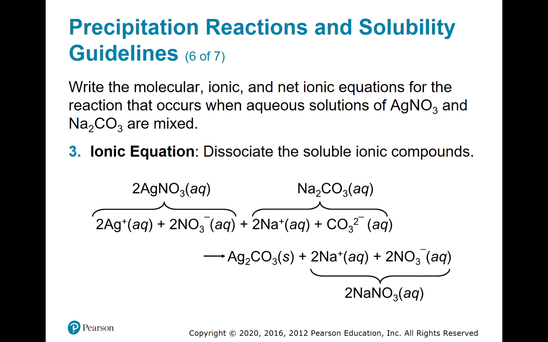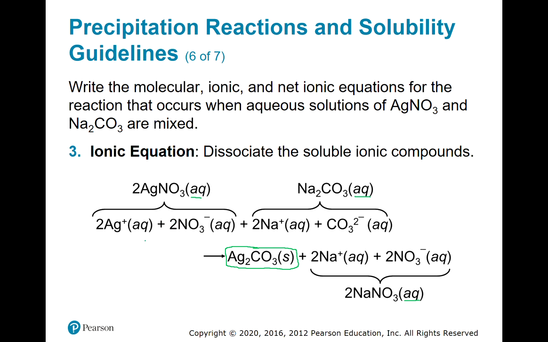So again, our 2 reactants are aqueous, and since they're aqueous and ionic, that means they're going to be strong electrolytes. Also, sodium nitrate is aqueous and composed of sodium and nitrate ions, so that will also be dissociated. So everything gets dissociated except for our insoluble compound, because remember, all of those ions are combined together in that solid. They're not dissolved and dissociated into the water.